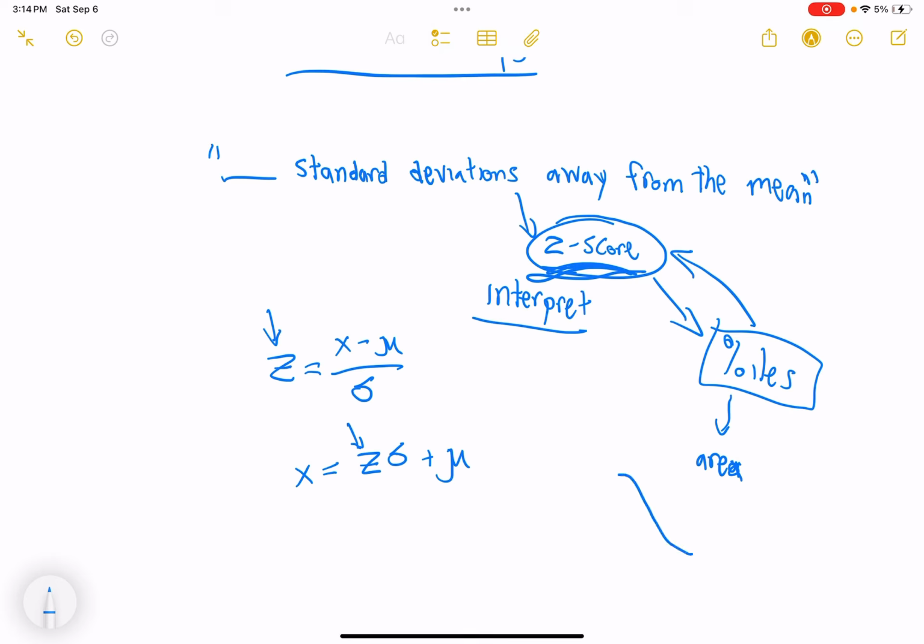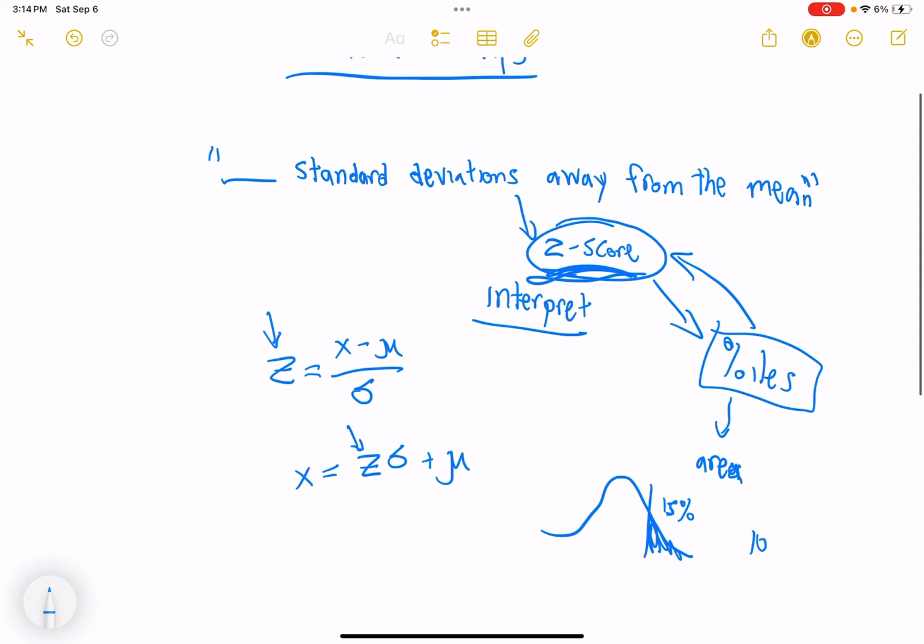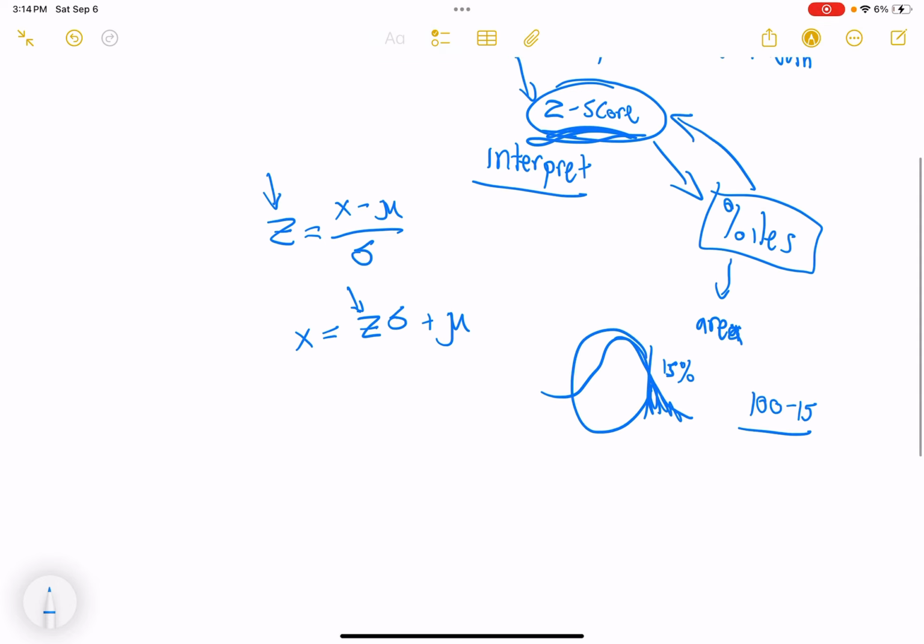If I had a normal distribution and I wanted to know where the top 15% of results are, or above which 15% of results lie, I would do 100 minus 15, because we can only do area to the left. We would get the 85th percentile, and we would use 0.85, plug that into invNorm along with a mean and standard deviation, and we'd be good to go.